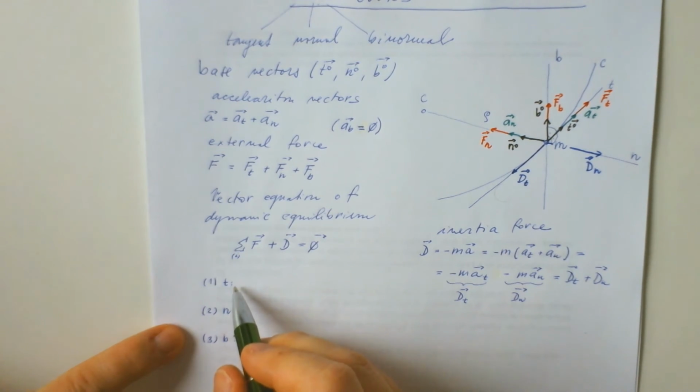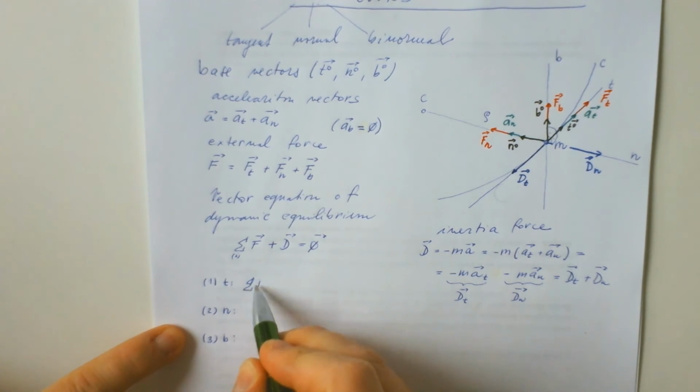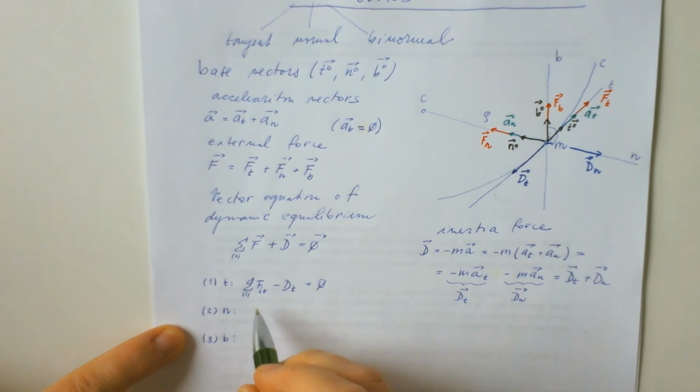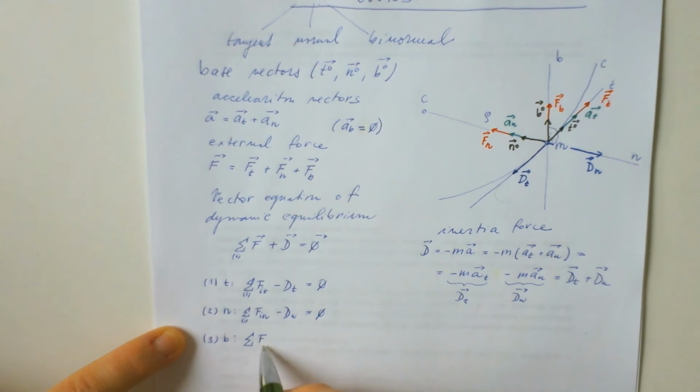So in tangent direction we can write that the sum of all forces in tangent direction minus Dt is equal to 0. Sum of all forces acting in normal direction minus Dn is equal to 0, and sum of all forces in binormal direction is equal to 0.